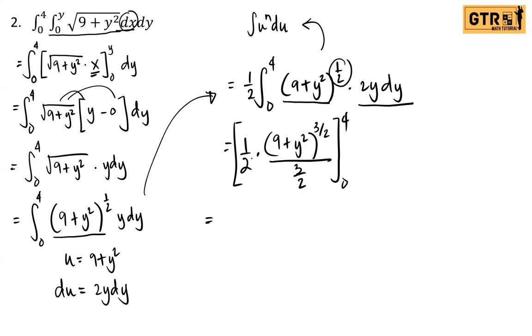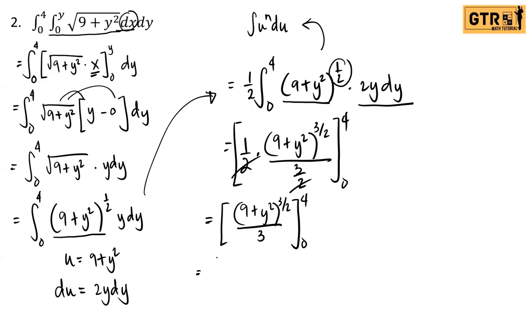So just simplify. So 1/2 over 3 over 2, so 2 will go to the numerator, or we can simply cancel the 2. So therefore we have 1/3 times 9 plus y squared raised to 3 over 2 over 3. So let's just apply the limit 0 to 4.